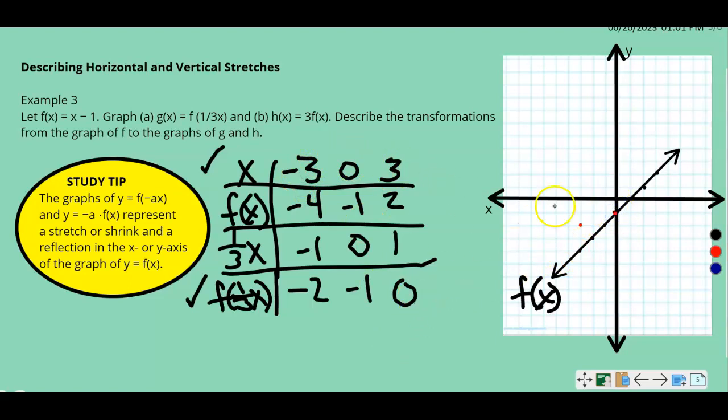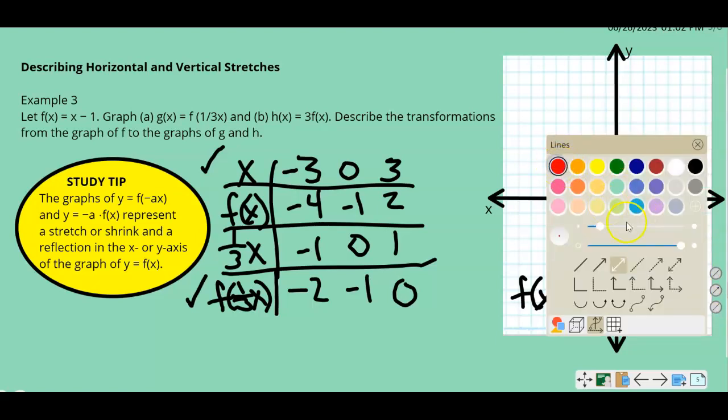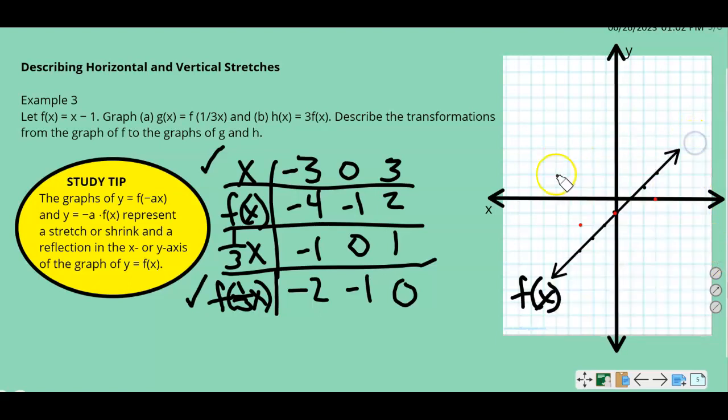And then 3, 0. All right. And this will be g of x.